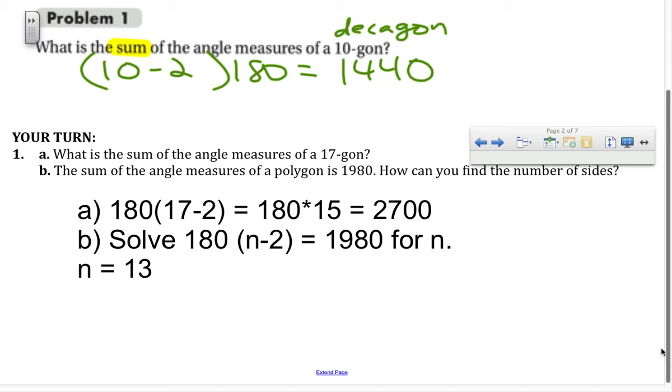Any confusion, questions? How'd I get from here to there? Do we need to see the step-by-step, or are we okay? How do you mean solve it a different way? Like taking 1980 divided by 180 and then adding. Absolutely. Very good.